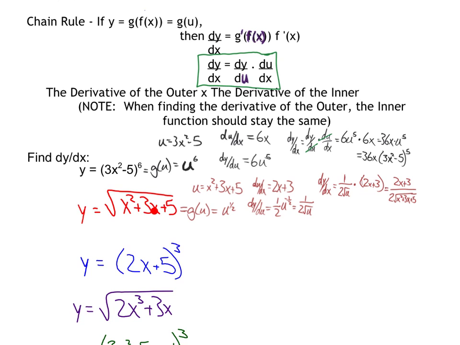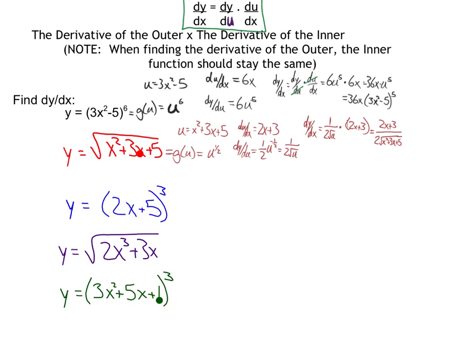All right, let's think through another one here. Again, we already identified u as 2x plus 5. This is g of u, which we could write as u cubed.